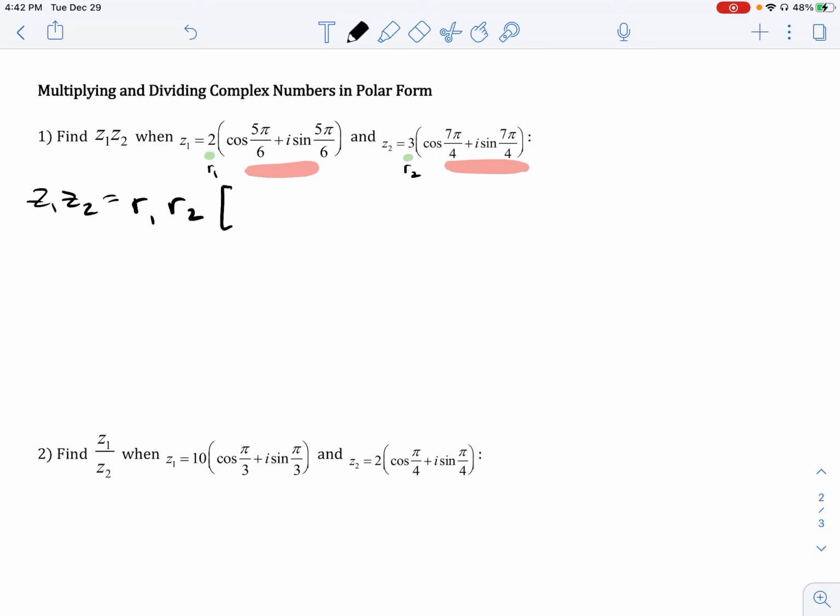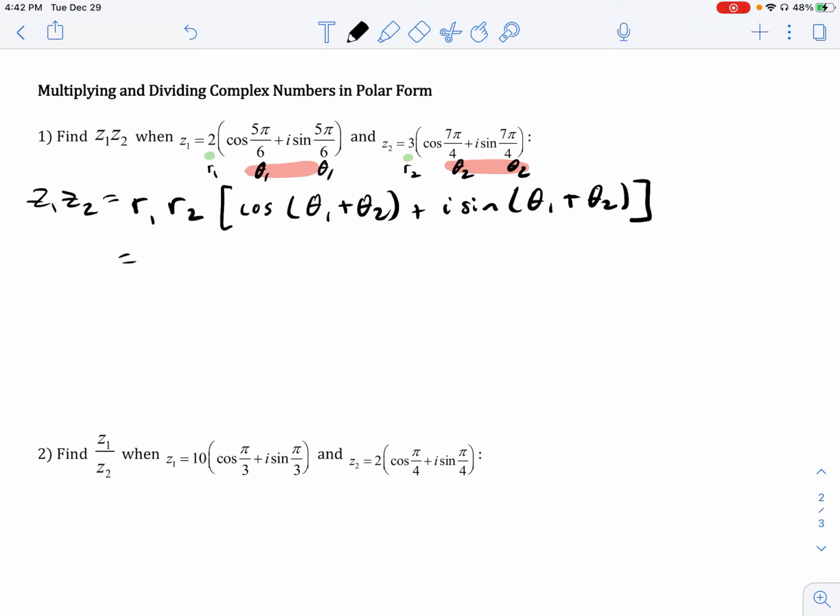And again, for the sake of time, I'm not going to write that all out, but what we effectively have here is that these angles are theta sub 1, and these angles we can call theta sub 2. And so what we'd actually see is this is equivalent to cosine of theta sub 1 plus theta sub 2 plus i sine of theta sub 1 plus theta sub 2.